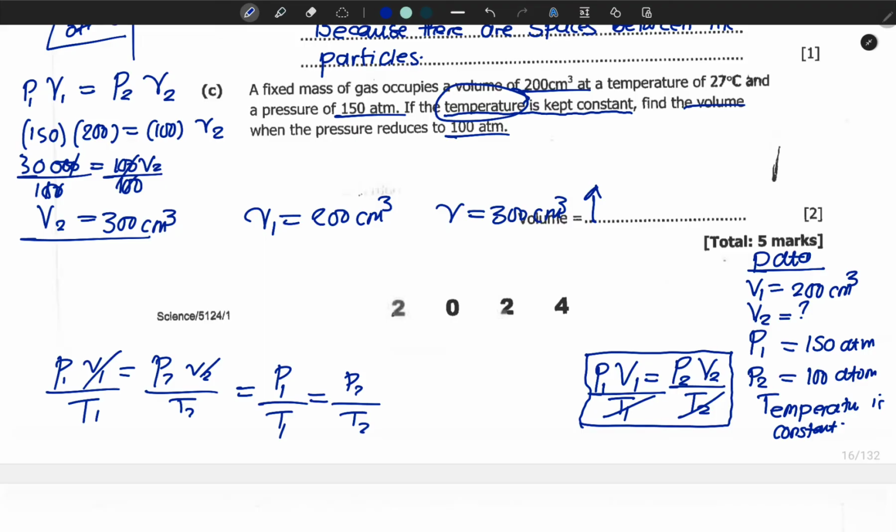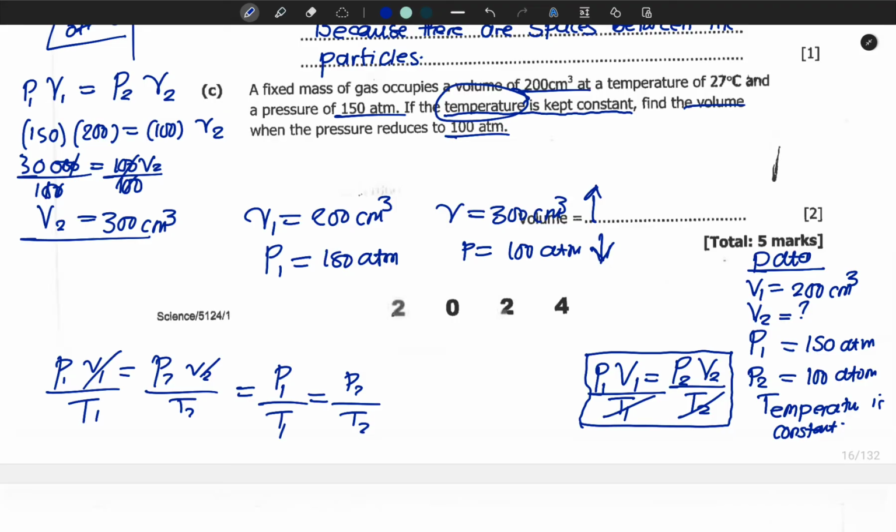Now what of pressure? The pressure 1 is 150 atm. Then the pressure 2 is 100 atm. So what happened to pressure? The pressure decreased.